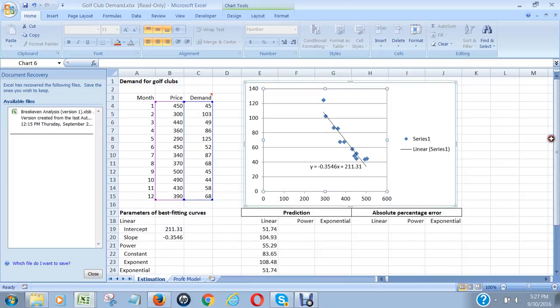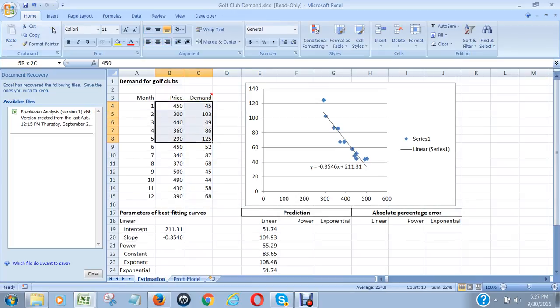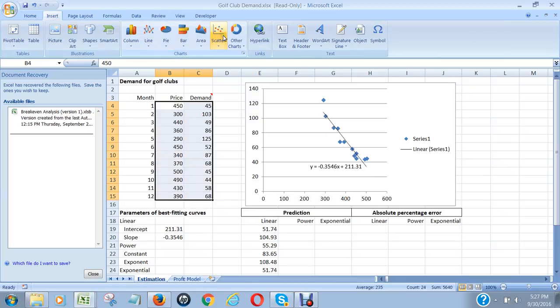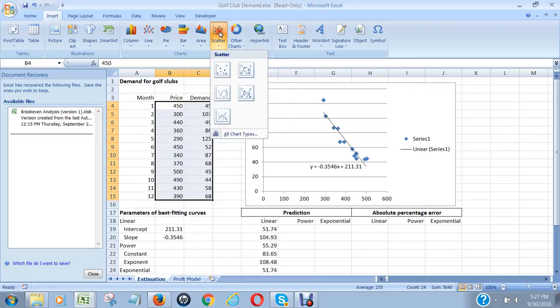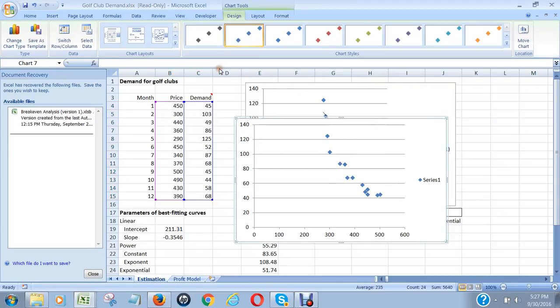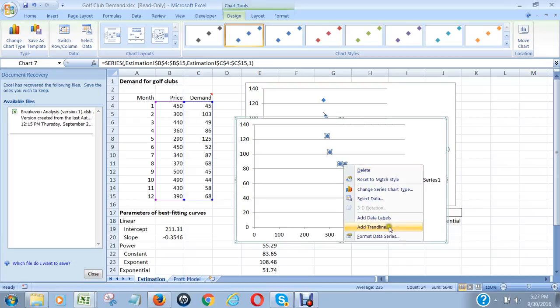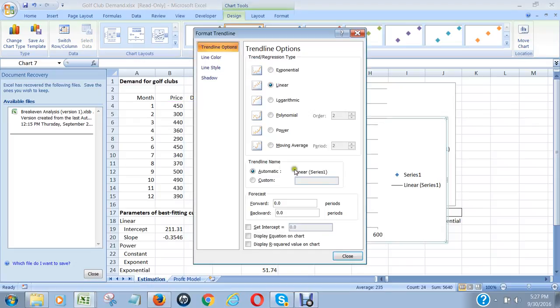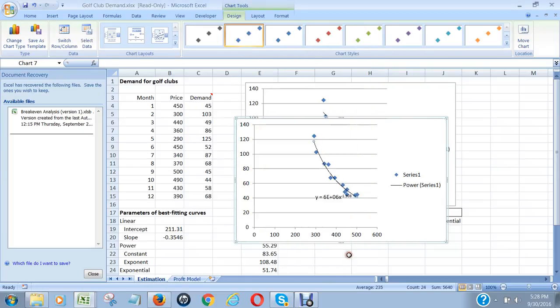The next thing we want to do is repeat this scatter plot again. Like this. And it's going to give us another one now. We want to select all of the data points, right click, add trend line. This time we want to go with a power equation, and we want to put the equation on the chart and click close.